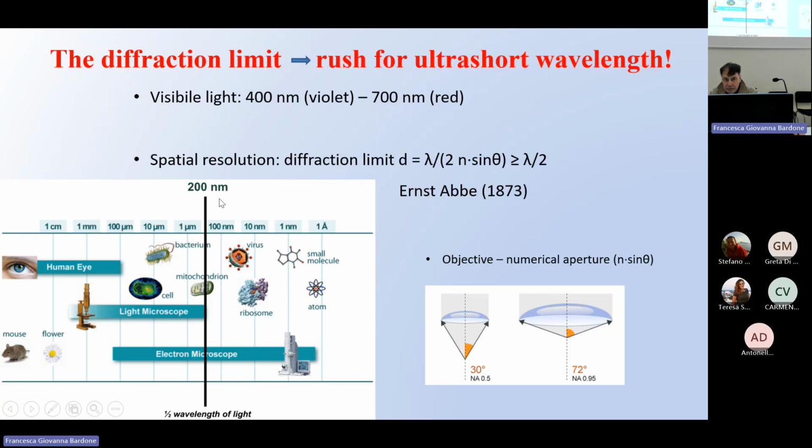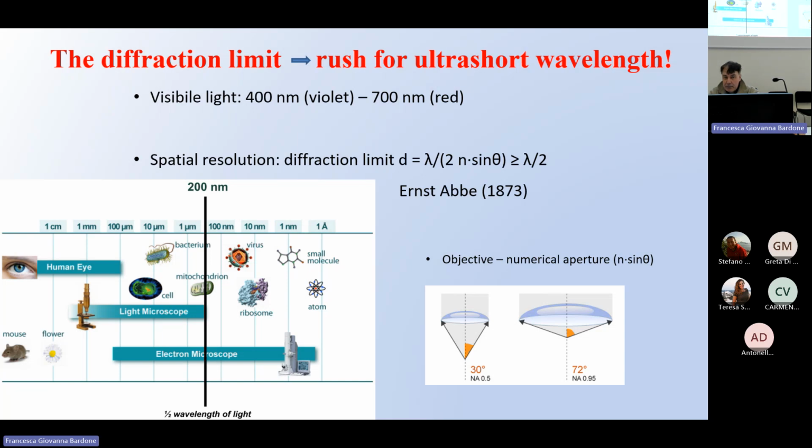Here on the slide I put this limit, you see, light microscope, human eye, electron microscope. I put just this limit related to the diffraction limit, 200 nanometers. Objects smaller than 200 nanometers cannot be seen with classical light.